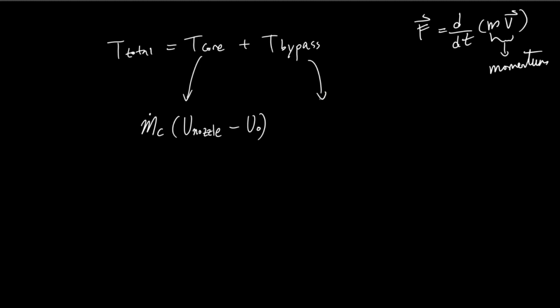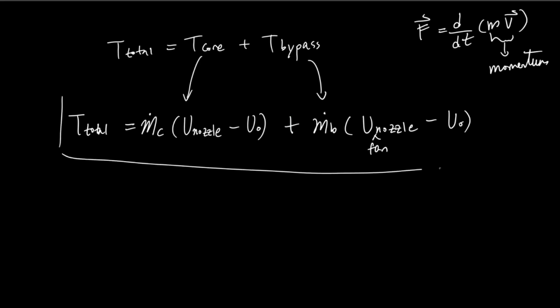How about the bypass? It's the mass flow of the bypass times the velocity that exits the fan nozzle, minus the incoming airflow velocity. And if you add them up, then you have the total thrust equation for a turbofan.